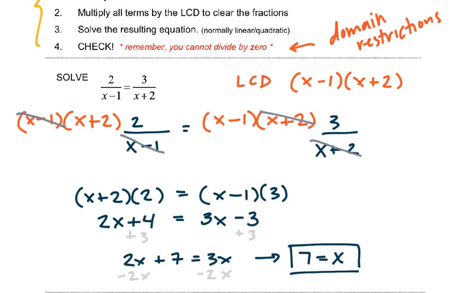So if I wanted to check down here, we would say 2 over 7 minus 1 equals 3 over 7 plus 2. And we end up with 2 over 6 equals 3 over 9. And because both of those fractions simplify to 1/3, this is a true statement, and we know our answer is correct. So let's just try one more of these.